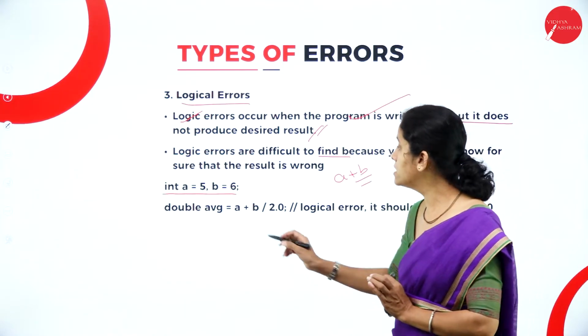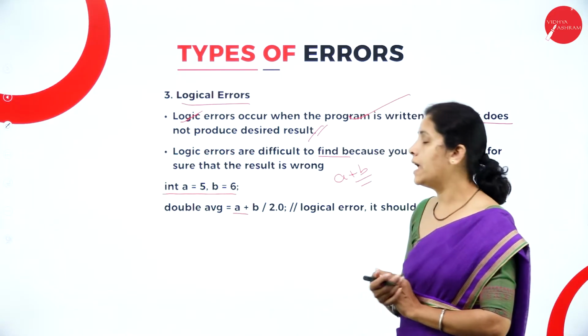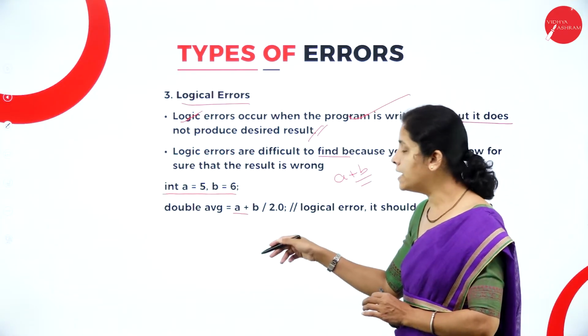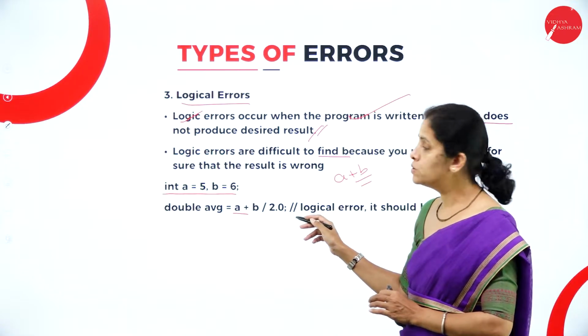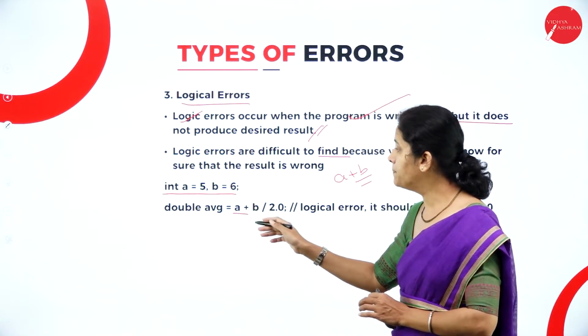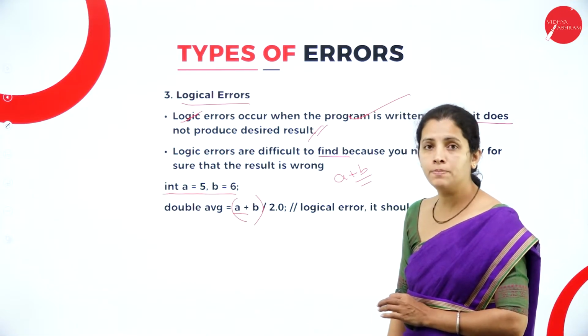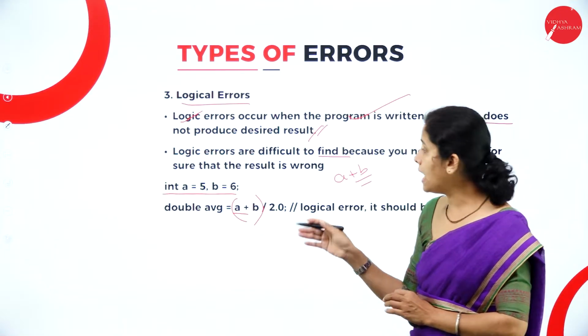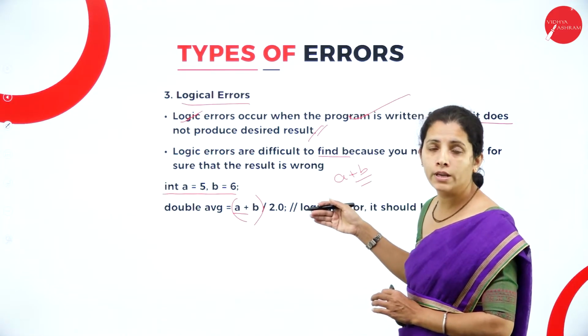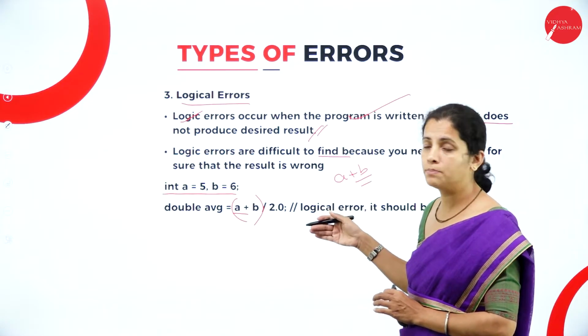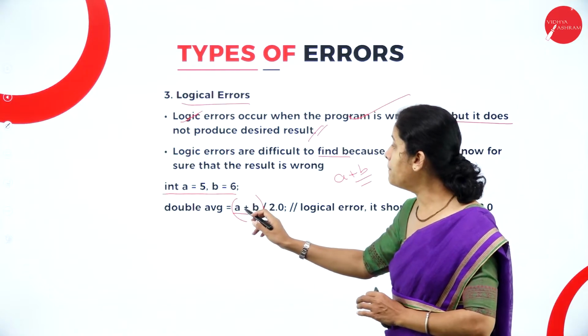And another example here, see here, A plus B divided by 2.0. If I write A plus B within the brackets and then divide, I'm going to get the proper result. But what I did here was A plus B divided by 2 without brackets.